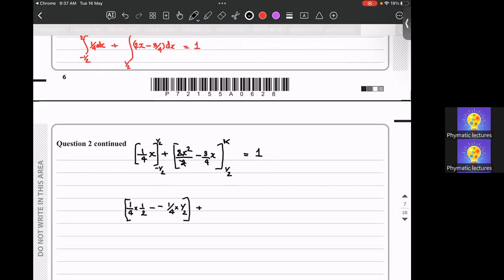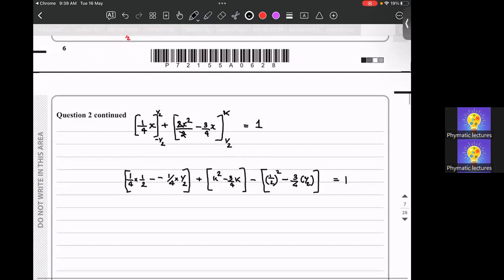Plus, the 2 got cancelled, so it becomes k squared minus 3/4 k, minus 1/2 whole squared minus 3/4 into 1/2, and the total area is 1. So 1/4 into 1/2 is 1/8. Minus into minus becomes plus, again 1/8. Plus k squared minus 3/4 k.